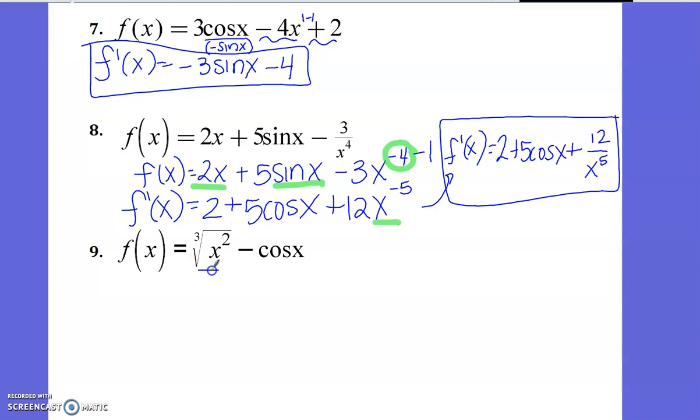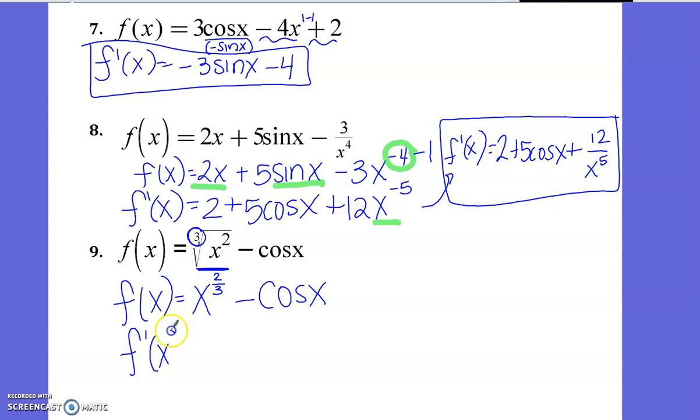Our last one. Okay, we need to rewrite this. So this is going to become x to the 2/3, because that's your root, minus cos x. When I take the derivative, I move the 2/3 out front, minus 1 from that leaves me with negative 1/3.